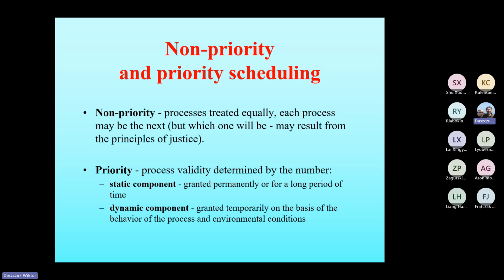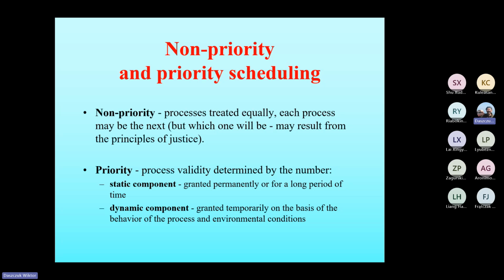Priority can be static. That means that we give some priority when process starts, and process continues with the same priority. Of course, we can change the priority, but it requires some intervention to change the priority.